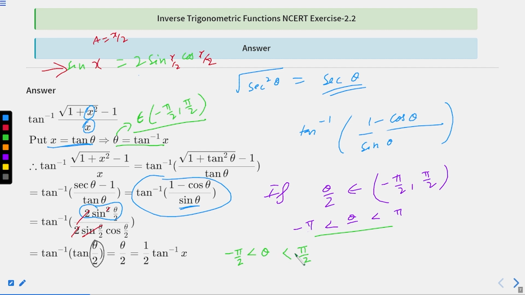And if theta belongs to this interval, then theta is equal to x. If you look at the tan graph from minus pi by 2 to pi by 2, the x value, or tan theta, ranges over all of R. So this means x belongs to R. So this can only happen when x belongs to R. This means your value will be half tan inverse x.